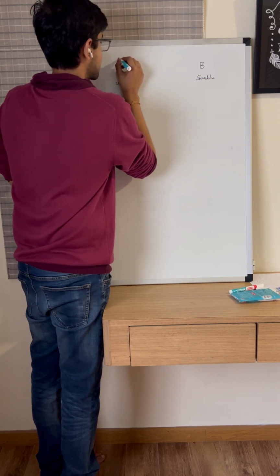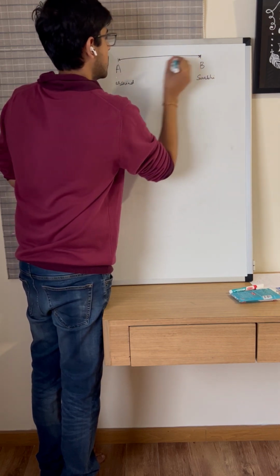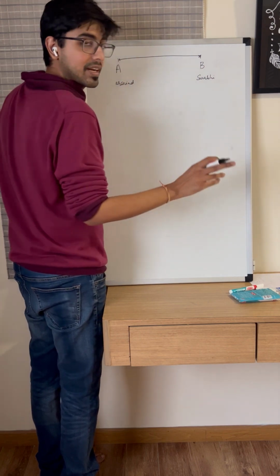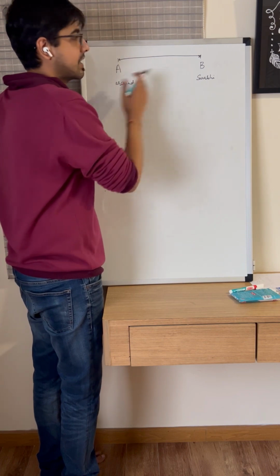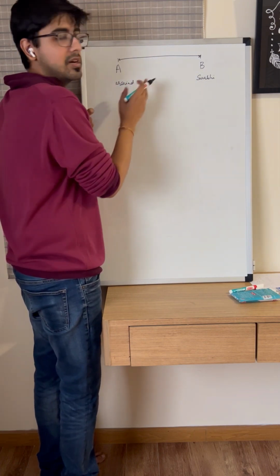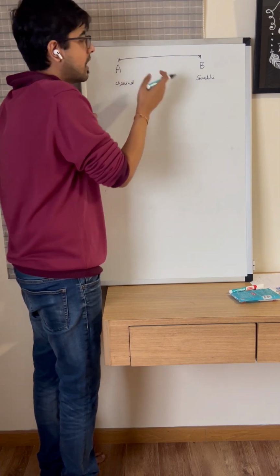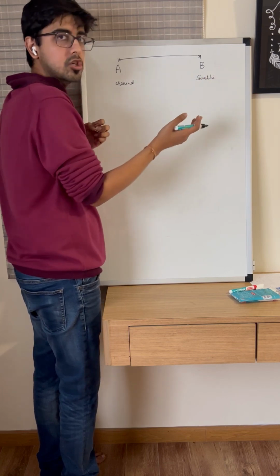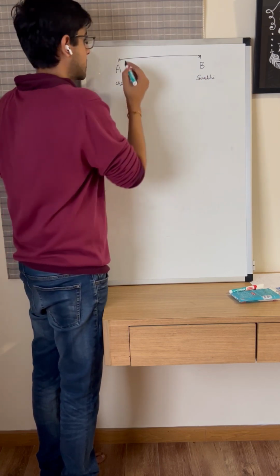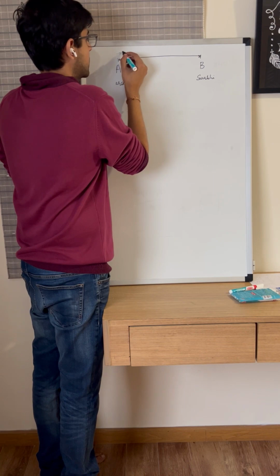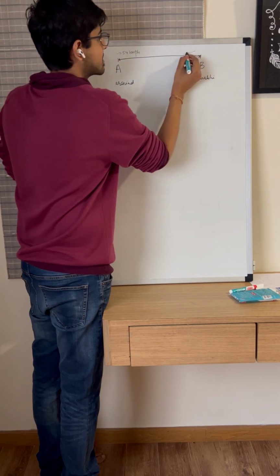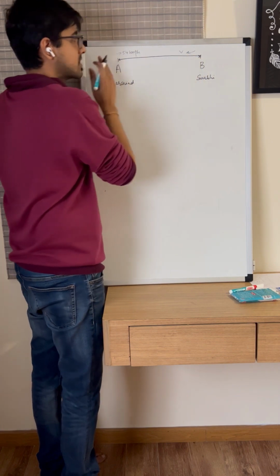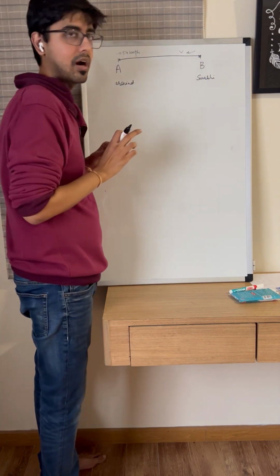The distance is something that I do not know, but it is given that Arvind travelled at 54 kilometers per hour. The assumption is that Arvind does not change his speed before or after the meeting, and Surabhi also does not change her speed before or after the meeting. So Arvind is moving towards B at 54 kilometers per hour. And let's say Surabhi is moving towards A with V kilometers per hour.